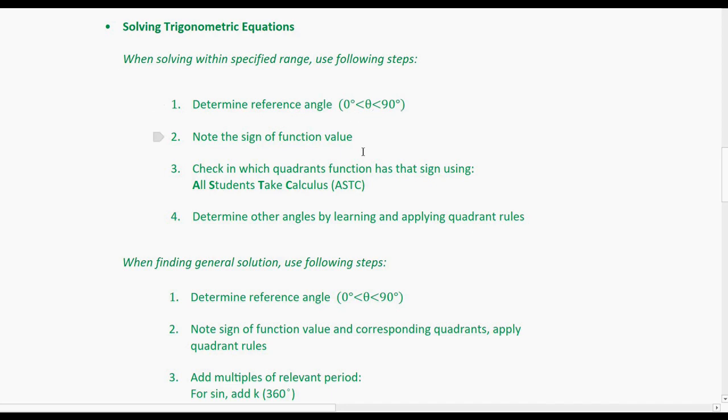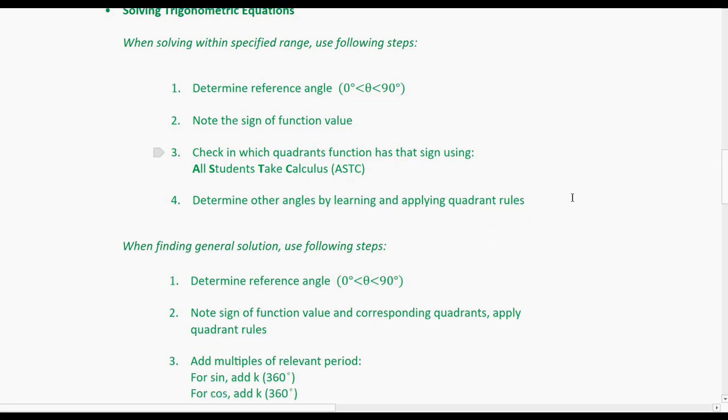Next, you note the sign of the function value. Then based on the value of the function, you check which quadrant the function has that same sign. And this can be memorized using the mnemonic all students take calculus, or ASTC in short. Then once you've noted which quadrants the function has that sign, you determine which angles will solve the equation by learning and applying the quadrant rules for the four quadrants.